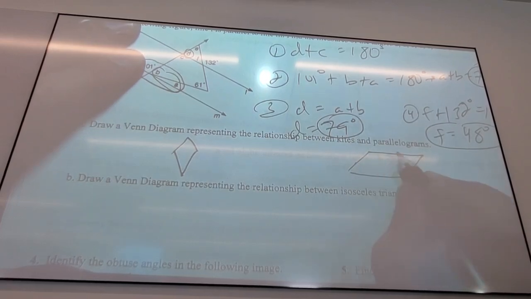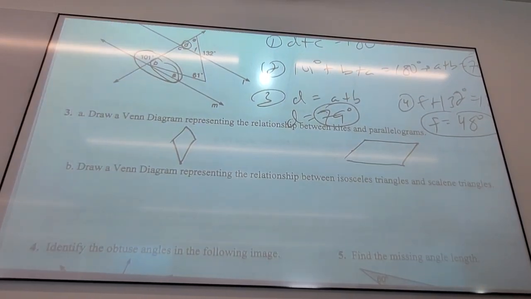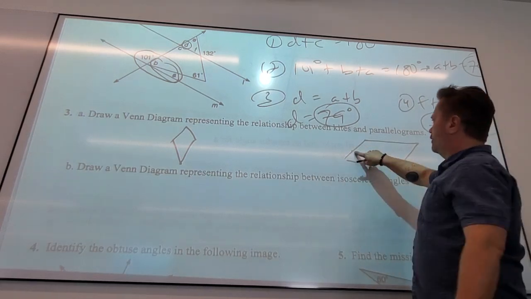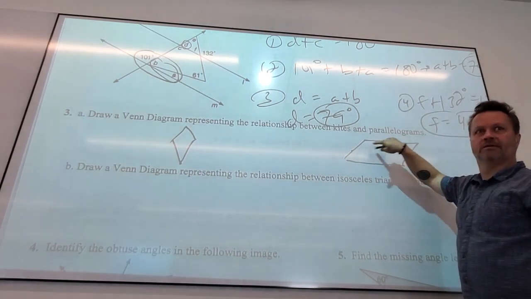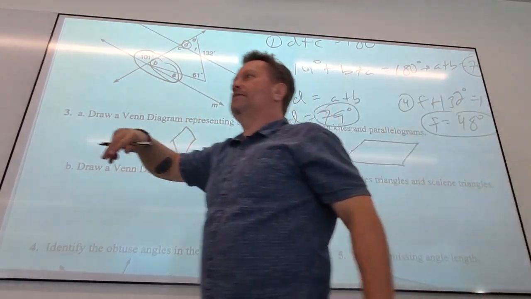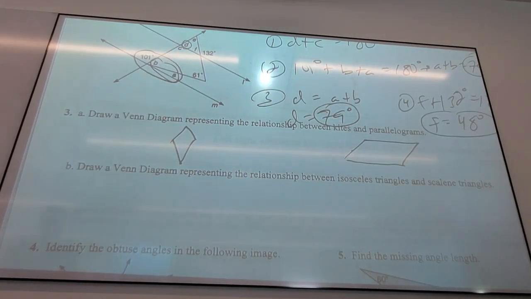The two adjacent sides have to be congruent. Do these two have to be congruent? No, because I just drew an example where that's obviously not true. Is there a parallelogram such that those two are congruent? What would you call it? A rhombus.